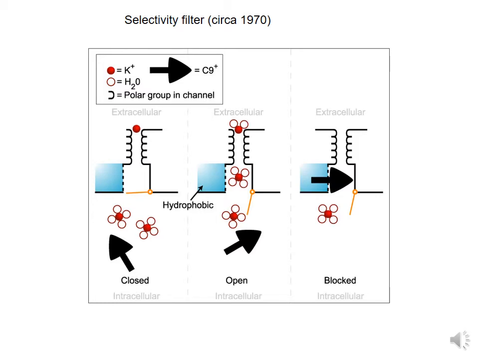Here is one model from about the 1970s that is showing potassium ions in red surrounded by water molecules on the intracellular side of the cell.